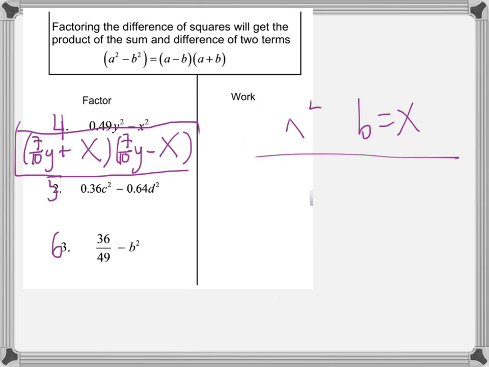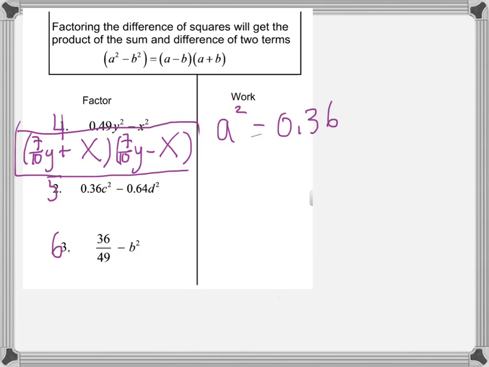Let's see, a squared in the next term must be 0.36 c squared, and so the a term must be the square root of that.